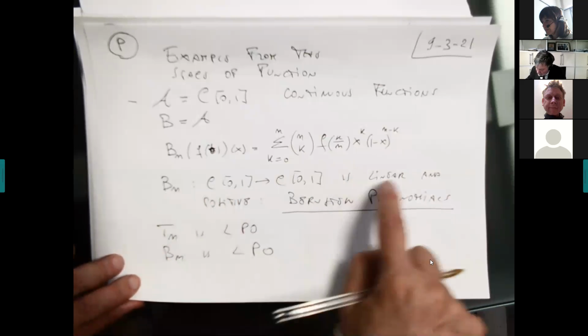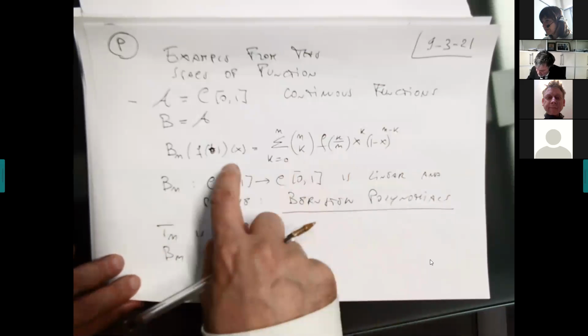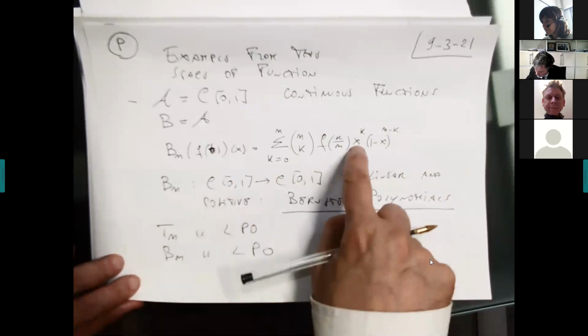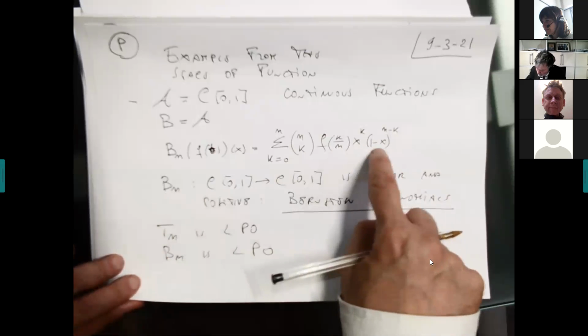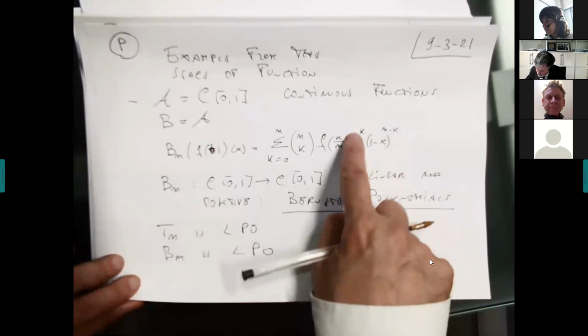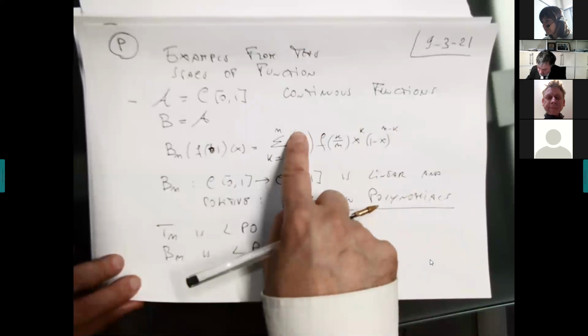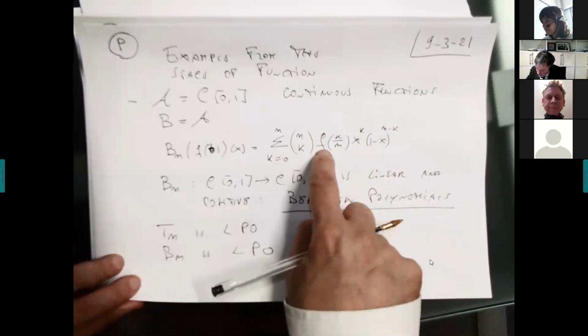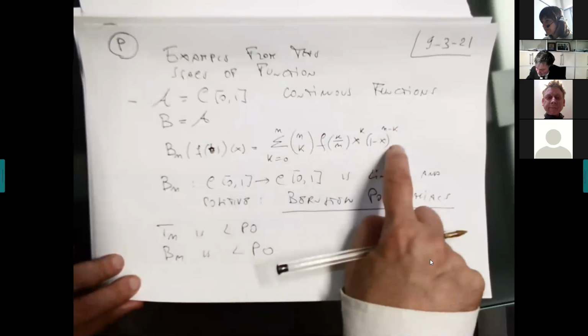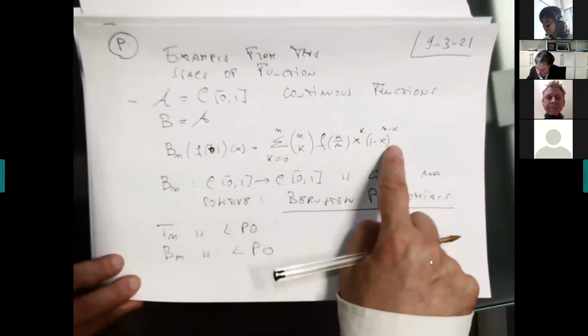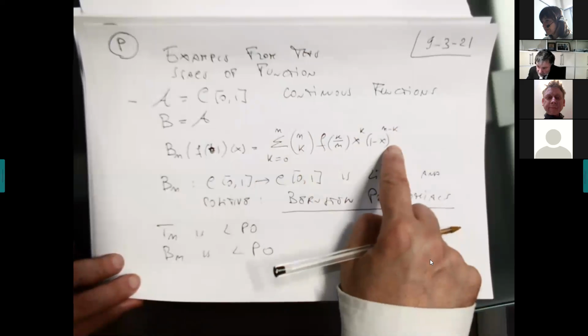And of course, it is linear and positive because, as I said before, in 0, 1 this is a non-negative polynomial, this is a non-negative polynomial, so the product is a non-negative polynomial. N over k is a positive object. So when f is non-negative, this combination of non-negative objects is a non-negative object.